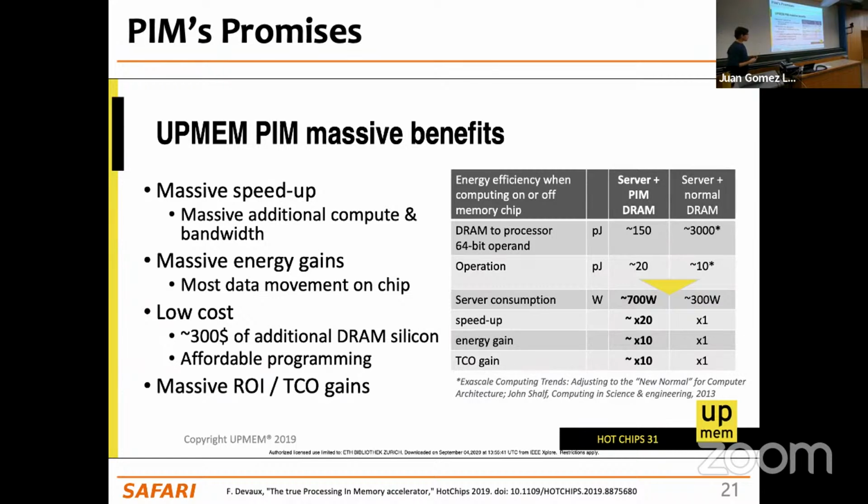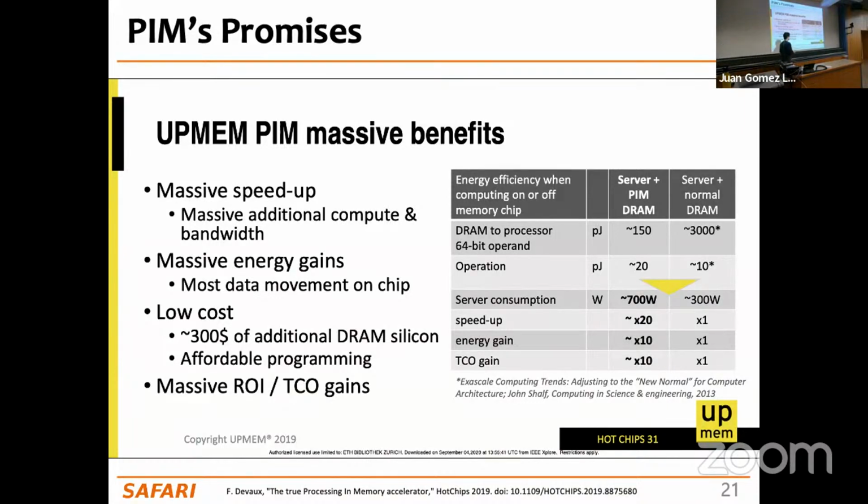This slide is from UPMEM. Actually, they used this in the presentation at Hot Chips 31 in 2019. And to me, one thing that is interesting to observe, because also is related to some of the numbers and figures you have already seen in this course, is the large difference between operating on the data in the processor, or operating on the data near the memory, right?